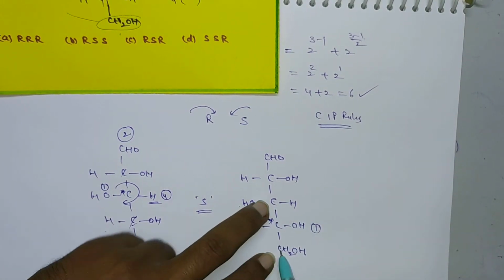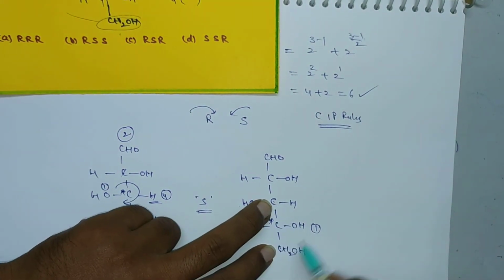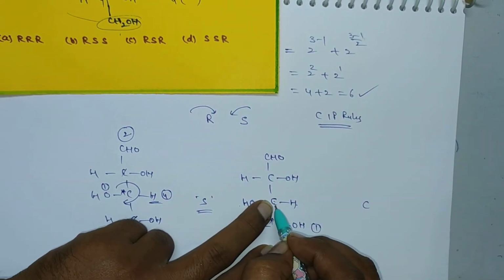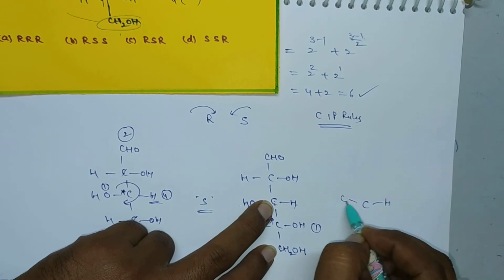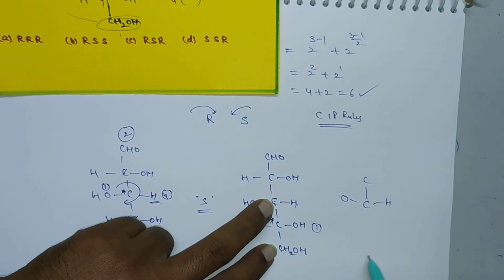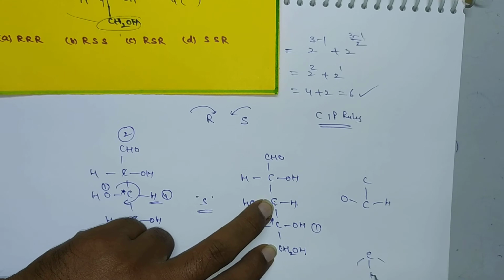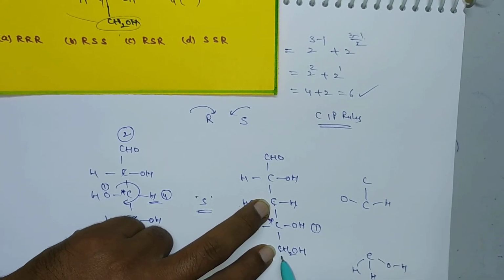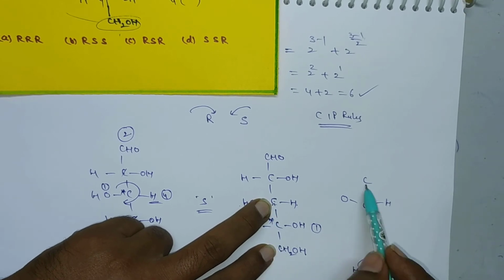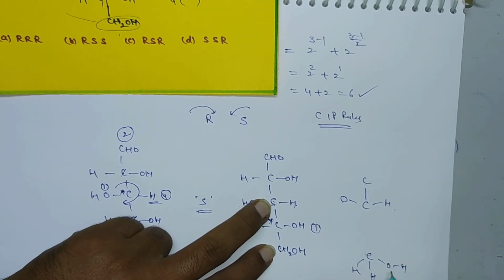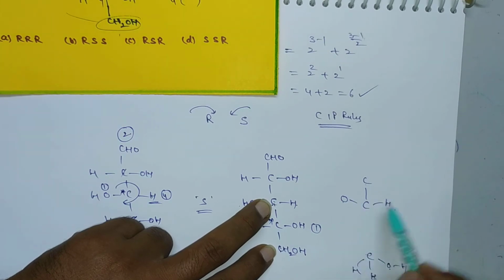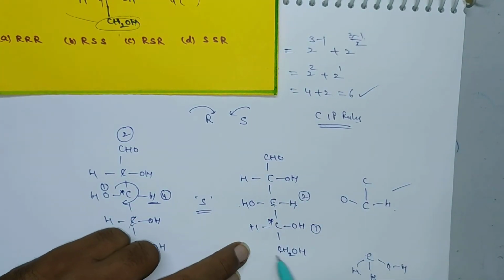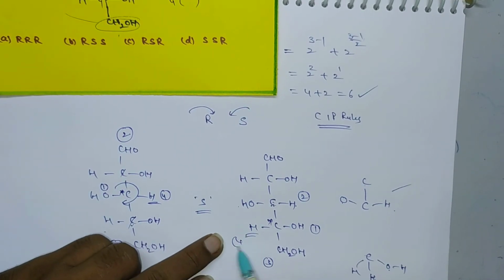This carbon is attached to 1 hydrogen, 1 oxygen and 1 carbon. This other carbon is attached to 2 hydrogens and 1 OH, which will get the highest priority. The carbon attached to carbon, oxygen and hydrogen will get second priority, and this will become fourth.